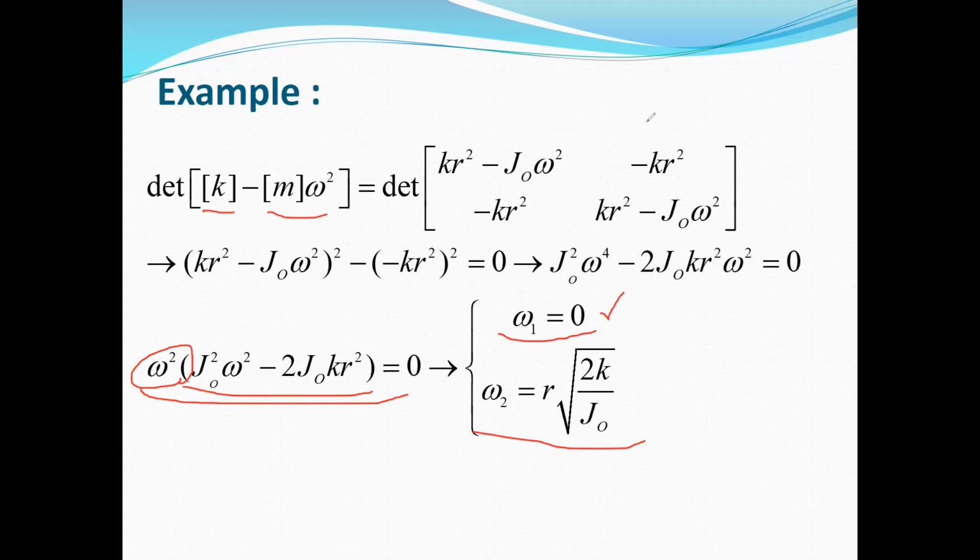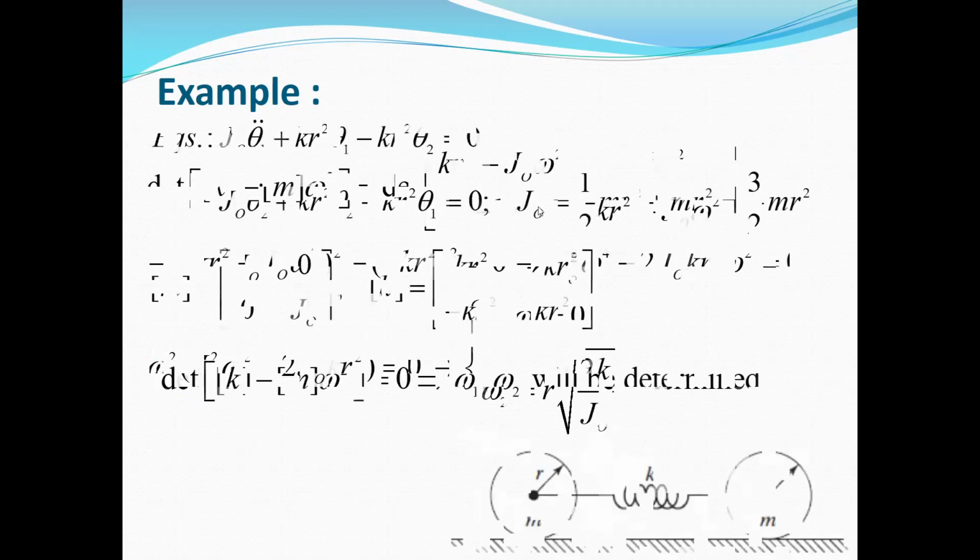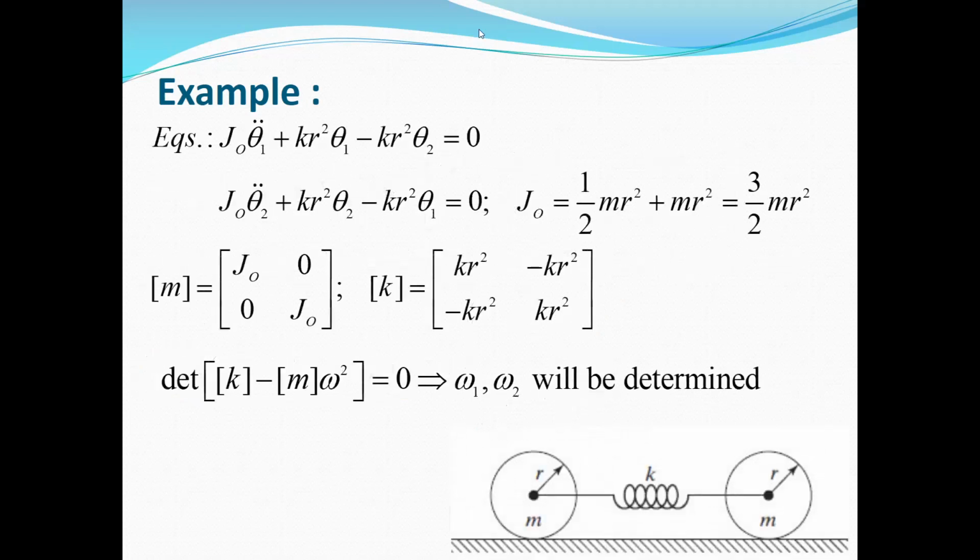Also from the physics of the problem, if you look at this, you can see this system can move as a rigid body. I mean, both masses can move as a rigid body without any vibration. For example, when this mass is moving with velocity v and at the same time the second mass is moving with the same velocity, the relative velocity between point A and B is 0.